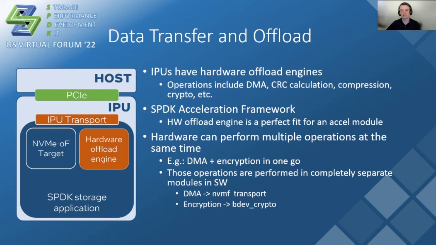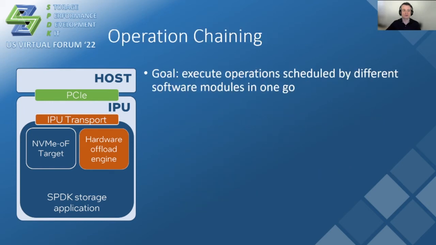For instance, the NVMe transport might DMA the data from the host, while BDEV crypto might be doing the encryption. This is where the concept of operation chaining comes into the picture. The goal is to execute several operations submitted by different software modules in one go.